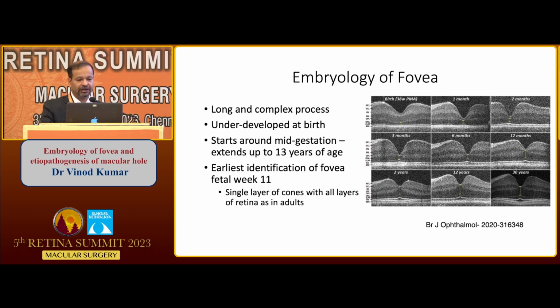The earliest identification of the fovea can be done around fetal week 11, and at that time what we can see is a single layer of cones, as you can see in this picture on your left side, with all the inner layers intact.